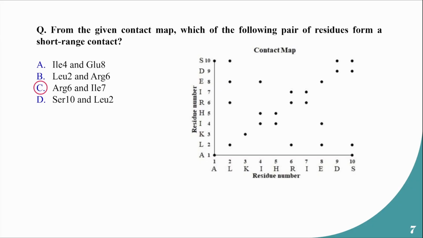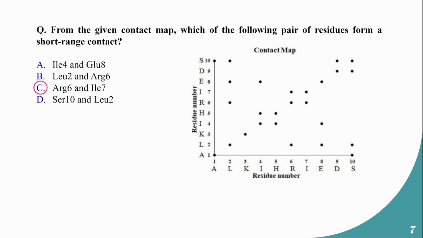And the concept of short range or long range contact. Basically, the contact between two atoms or two residues in 3D space. If the distance is lower than a threshold, then you can say they're forming a contact in 3D space.